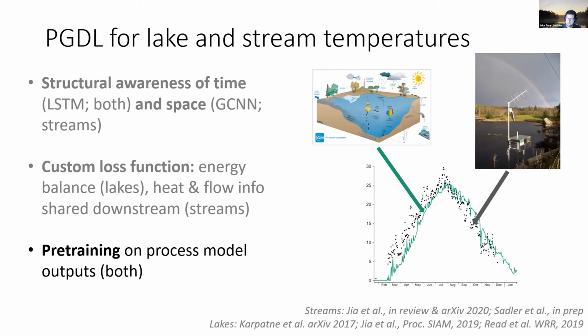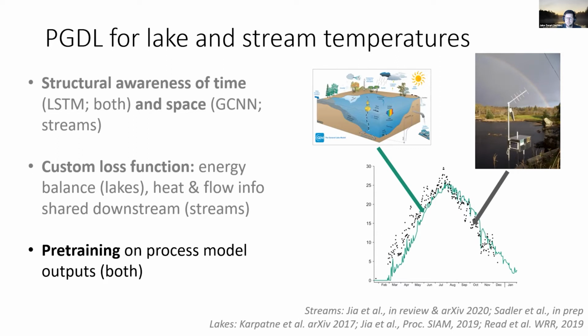Question? Yes. So when you go to the data driven step, or when you train it on real data, do you retain the process guiding during that training, or is it 2 separate steps? Yeah, we retain the process guidance during both steps.